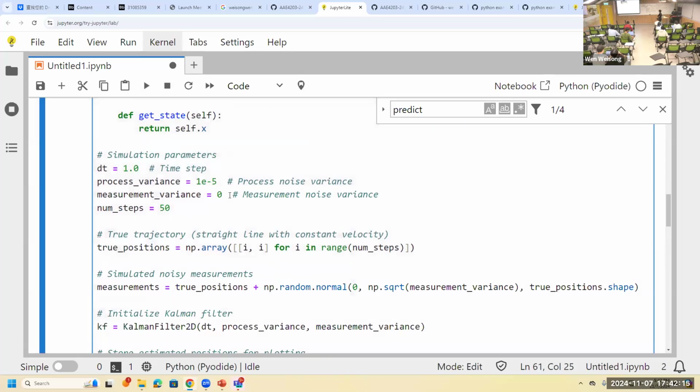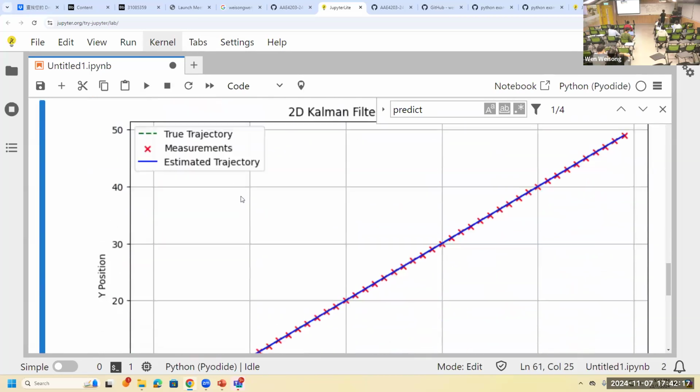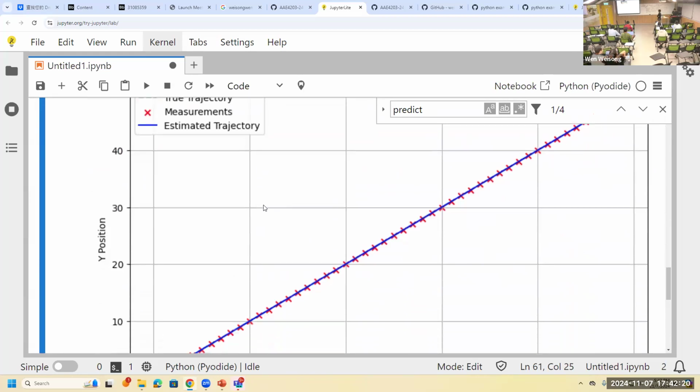This is the perfect case: the measurement noise is 0.